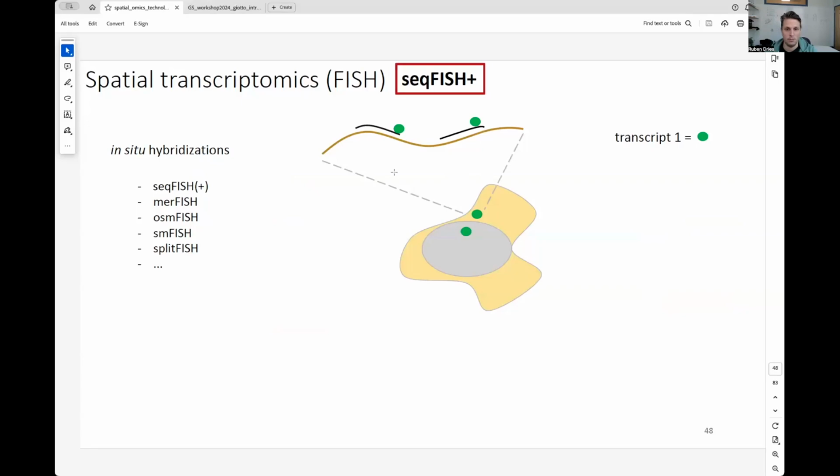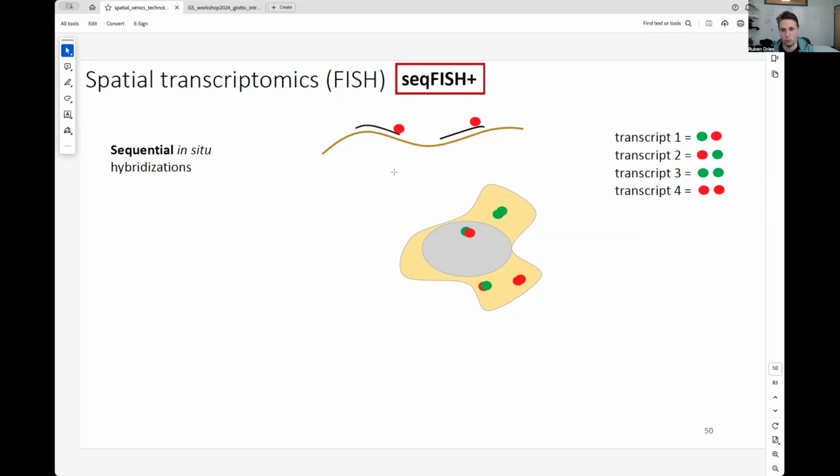And in this example, I'm giving you an example for seqFISH+, where one transcript, for example, has a green fluorophore for transcript 1, you have one for transcript 2, it could be red. But now if you start doing this in repeated rounds, so repeated measurements where you wash off and you add new in situ hybridization probes with different colors, you can create this kind of barcoded schema with different colors that represent different types of transcripts, different genes.